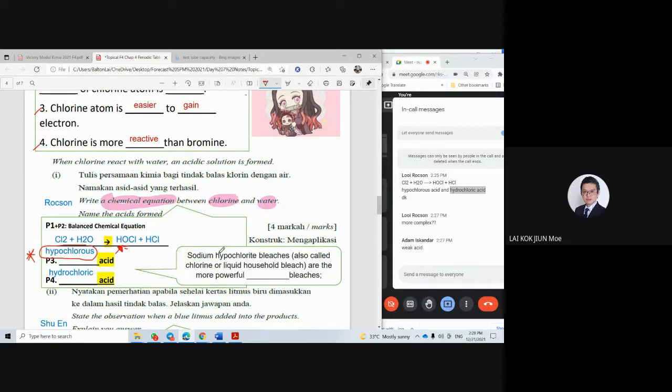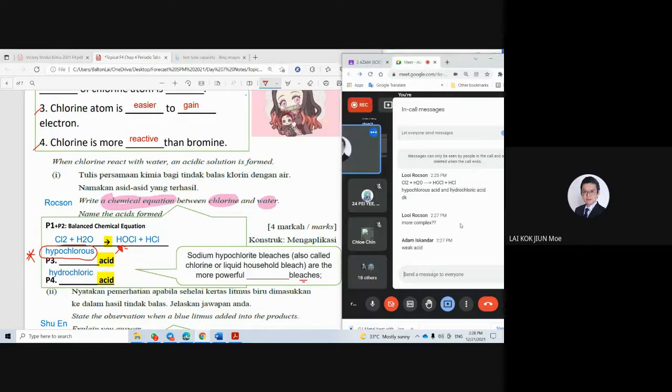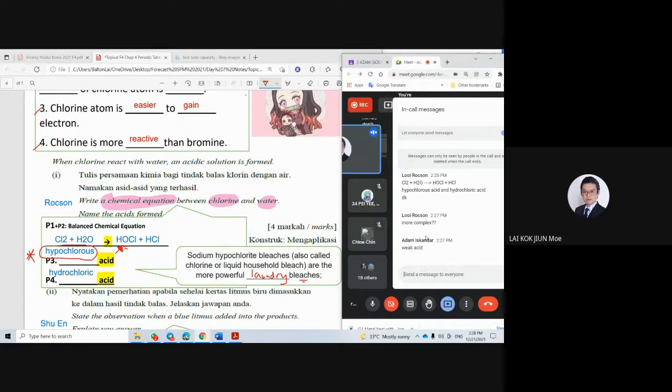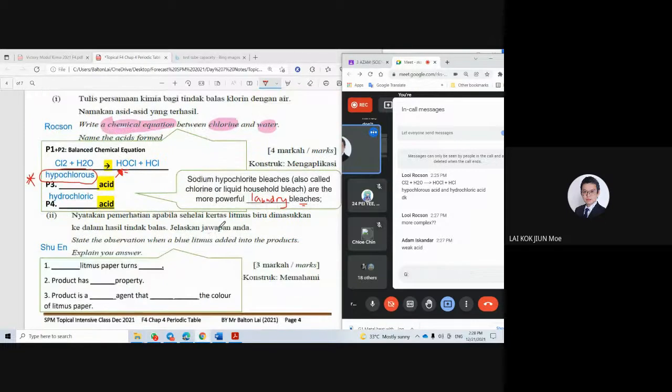Normally we also use it as a bleaching agent because it is a very powerful bleach. You know Clorox, you can use it in laundry, to wash our clothes. Very good, Eden. And with bleaching effect.